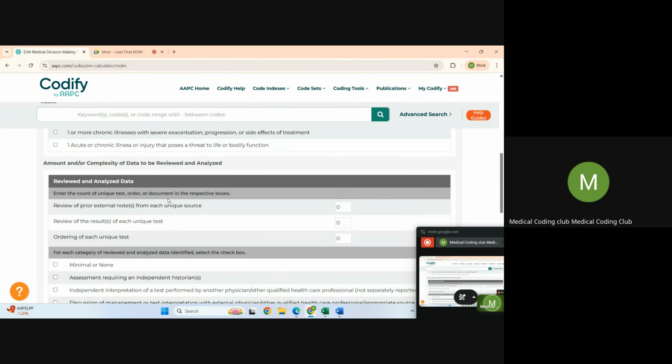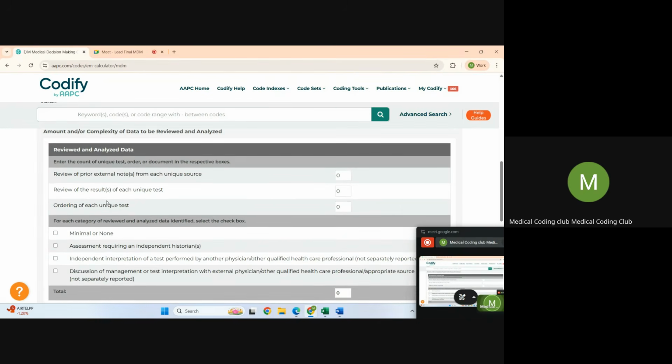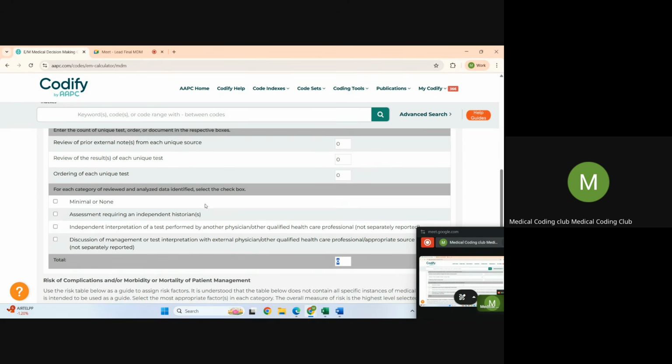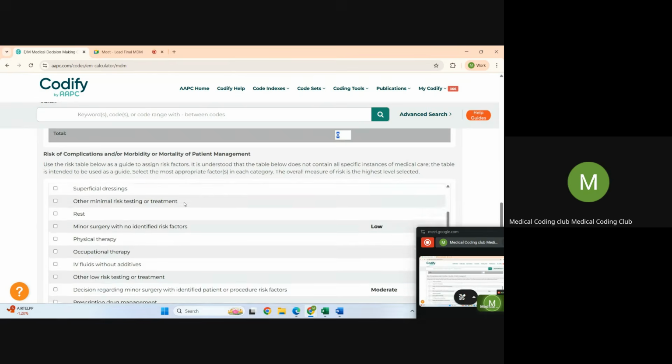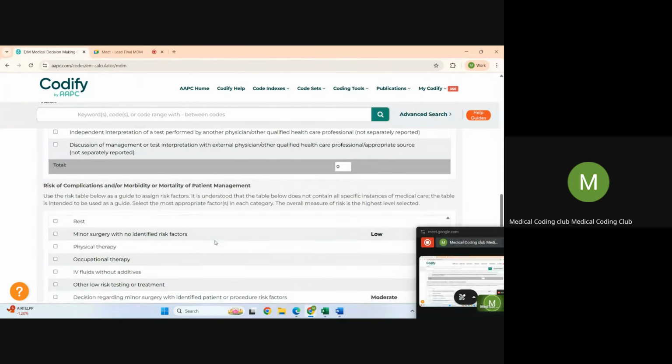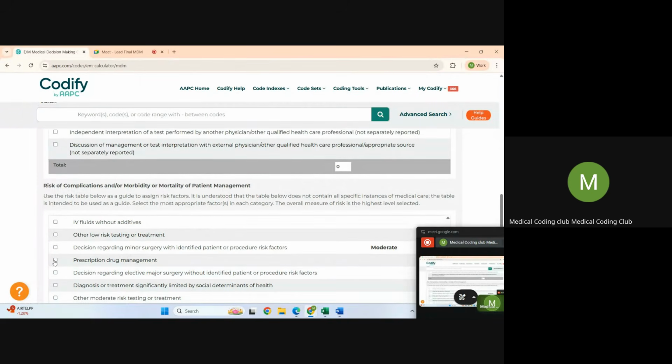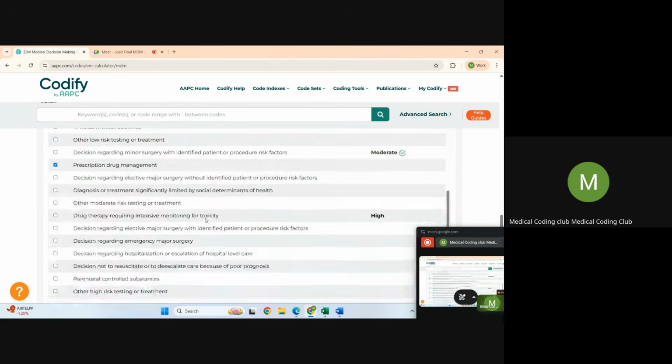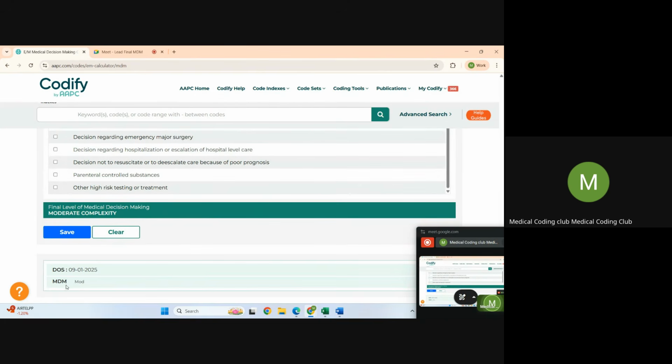Next, coming to data, data is 0. They did not perform anything regarding data management, so data is 0 points. Next comes risk. Here they have given prescription drug management, so you can check that out. And now you can see your final MDM as moderate.